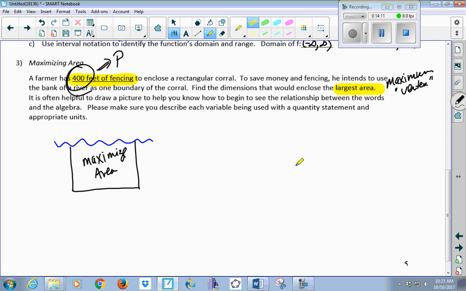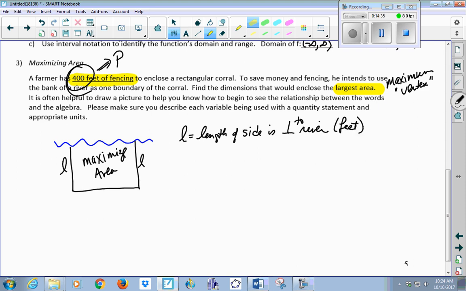So again, to start our problem with a variable, we need to define what that variable is. So let's say that L will be the length of the side that is perpendicular to the river, and that's going to be measured in feet.